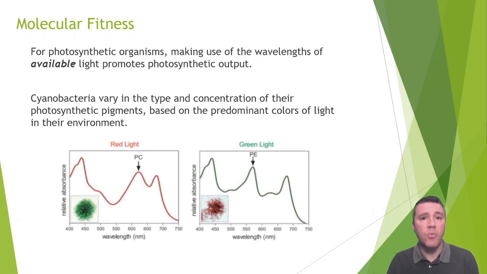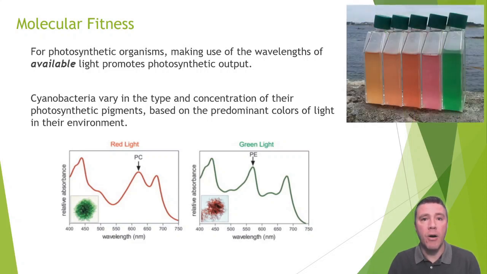In instances where more red wavelengths of light are present, green pigments would dominate, allowing the red to be absorbed and green reflected. Conversely, with greater intensity of green wavelengths, more red pigments are produced, reflecting the red and making use of the greens. As a matter of fact, cyanobacteria are known to produce pigments that range from greens to pinks to oranges.